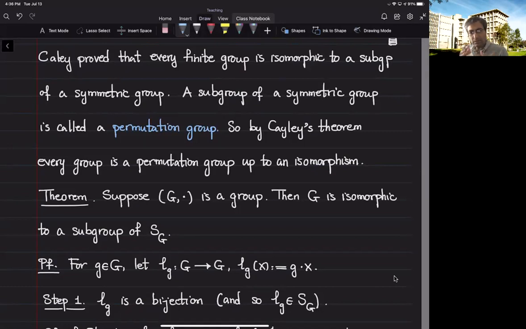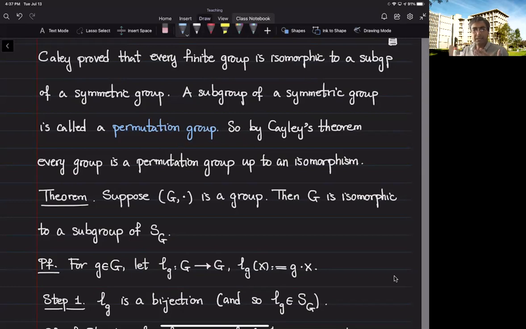So using his method, we can also show that if I start with a finite group, I can view it as a subgroup of a symmetric group on a finite set. And therefore, every finite group can be viewed as a permutation group. A subgroup of a symmetric group is called a permutation group.